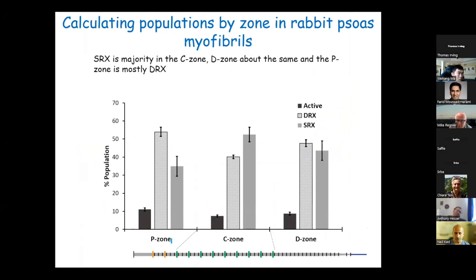So what we can see is that in the P zone, we see a large amount of DRX, whereas the C zone is predominantly SRX, and the D zone seems to be an equal balance of DRX and SRX. And I'll just remind you again, this is in rabbit psoas myofibrils. The active population sits here, and I'm not going to be talking very much more about it because I want to focus on the SRX and DRX.